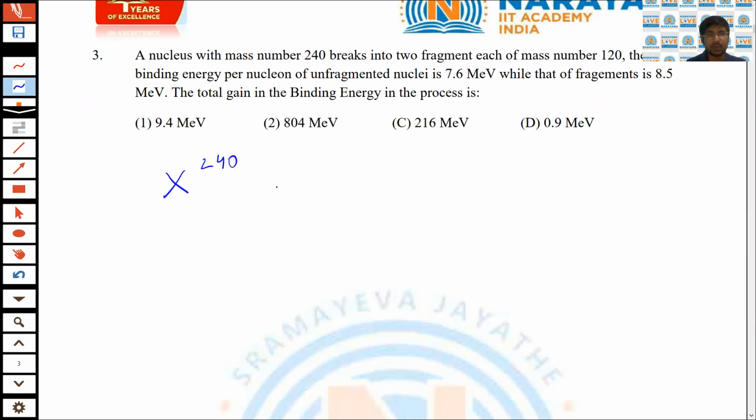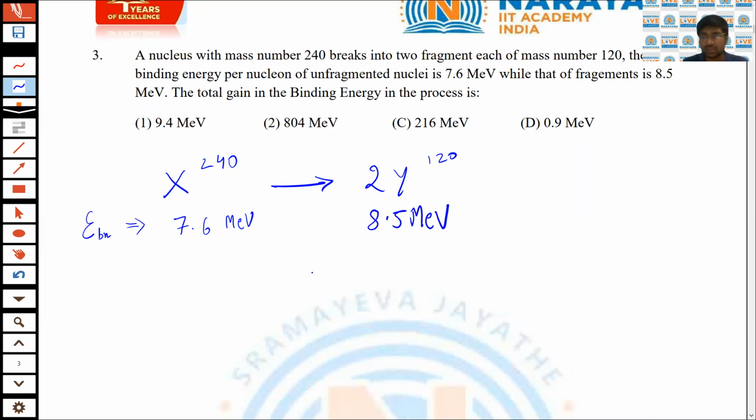Let's take the parent nucleus as X and the two fragments as Y. The binding energy per nucleon of the unfragmented nucleus is 7.6 million electron volts, and the fragment Y has a binding energy per nucleon equal to 8.5 million electron volts.